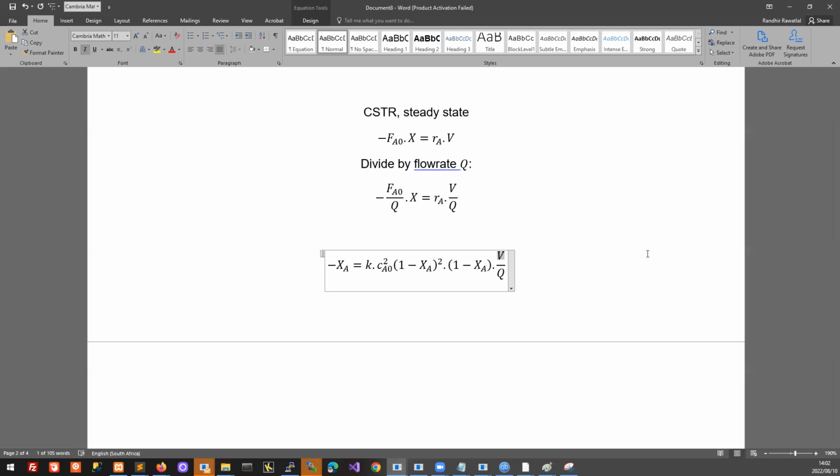Another way to think of it is, to achieve a greater conversion, you need to spend more time in the reactor. So the bigger the volume of the reactor, the more time you are going to spend there, right? If you're feeding at the same flow rate, if your reactor gets bigger, your fluid is going to spend more time in that reactor. Okay, any questions or comments there?